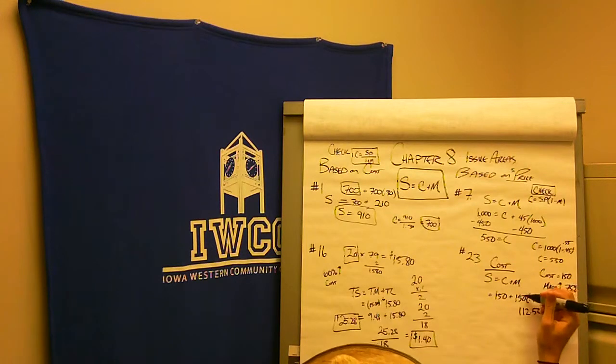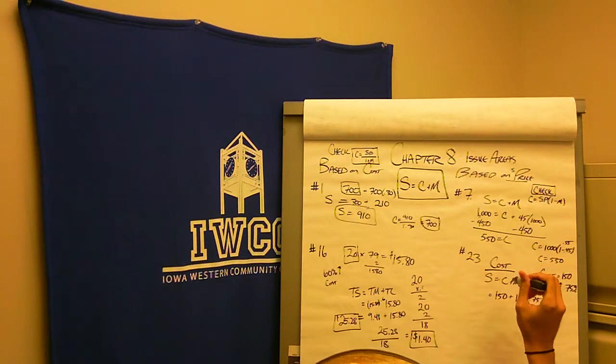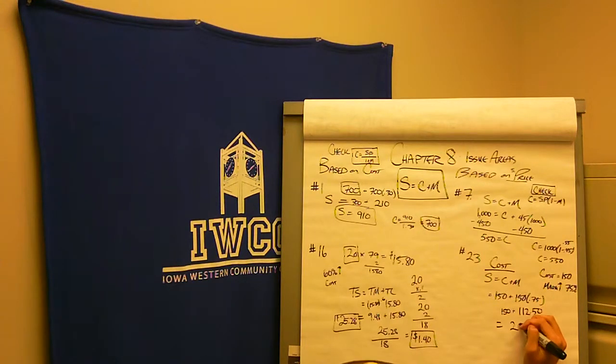The reason I know it's this way is because we want it based off of cost. So added to our 150, this should equal $262.50.